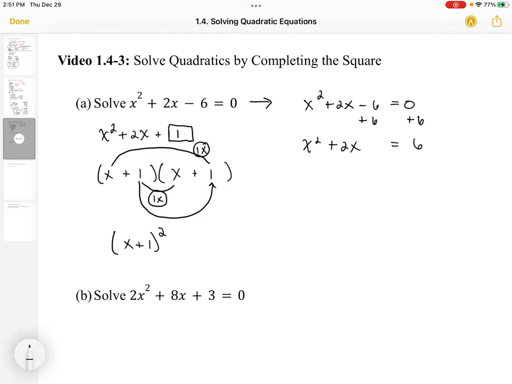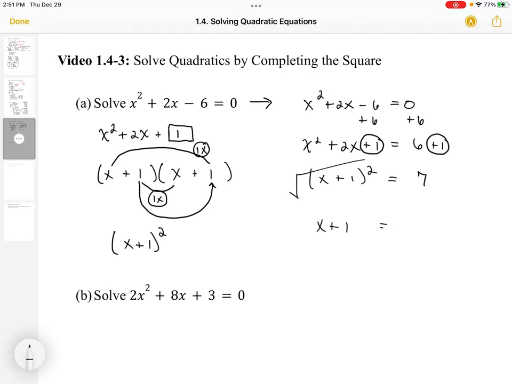So now we're basically going to go through the same process that I just went through. I know that if I add 1 to the left side, I can factor this as x plus 1 squared. And then I can take the square root of that, and I'll be left with x plus 1. So I just added 1 on the left side, which means I need to add 1 on the right side, which would give me 7.